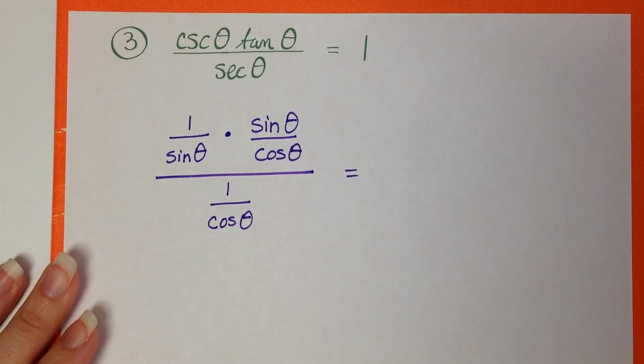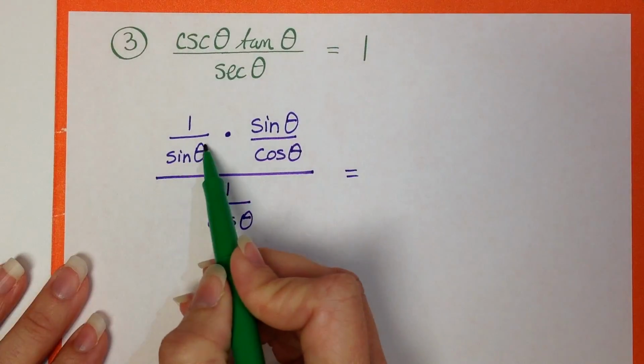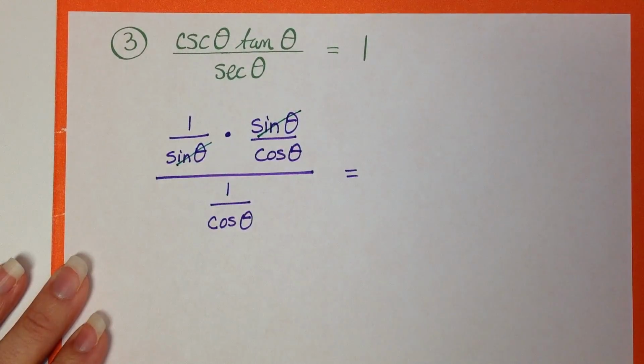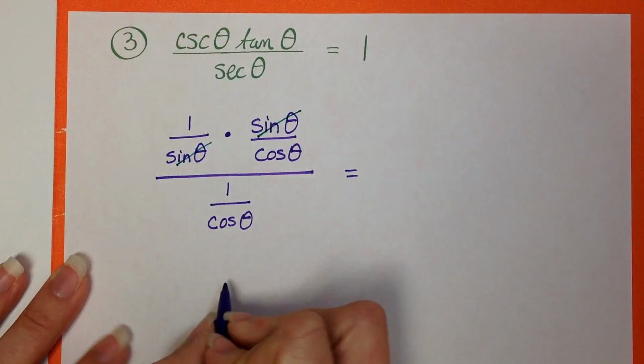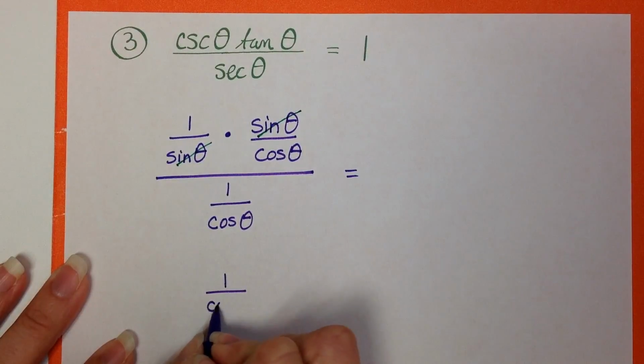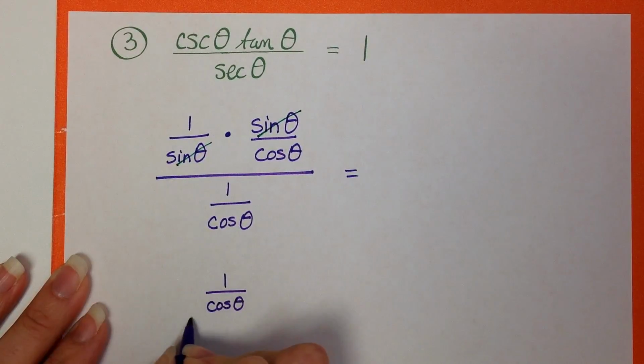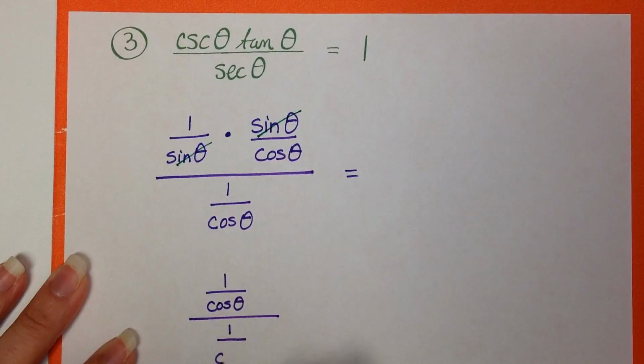Okay, so doing the multiplication in my numerator, my sines are going to cancel each other out. So I have 1 over cosine left on the top, and I've got 1 over cosine on the bottom.